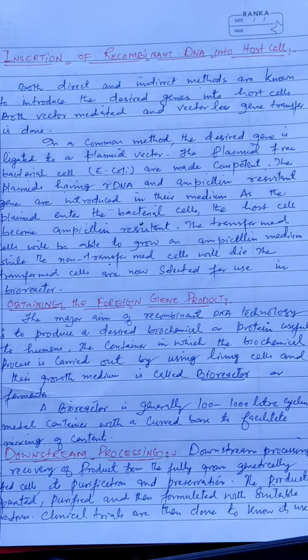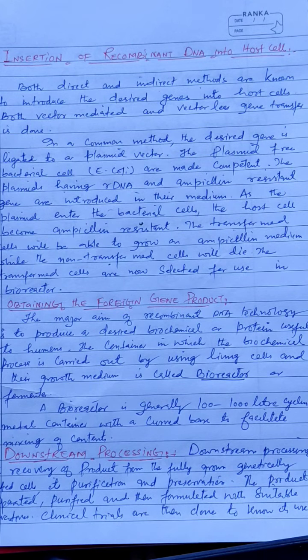So what we actually do here is that we take the plasmid free bacterial cells, Escherichia coli, we remove the plasmid from these cells, and then we make a recombinant plasmid, recombinant DNA, and then these plasmid free bacterial cells are made competent.